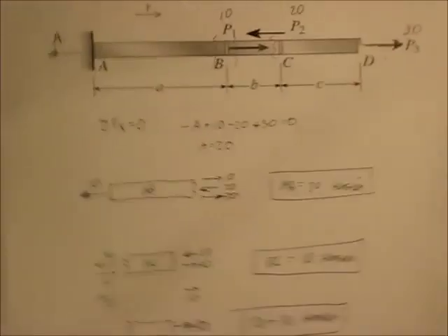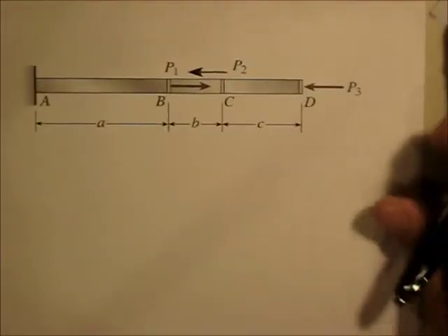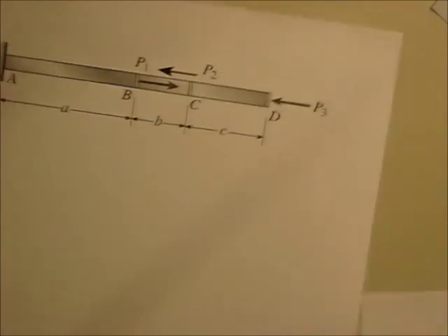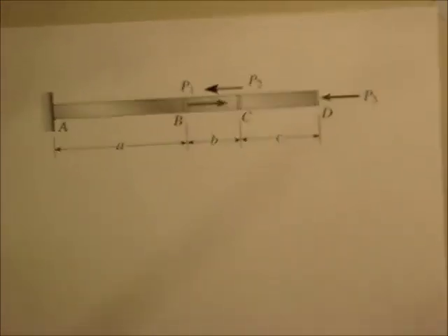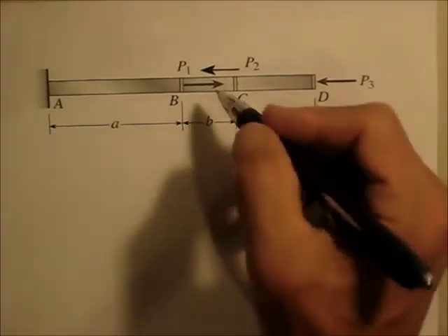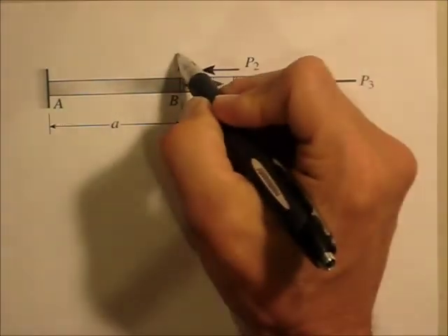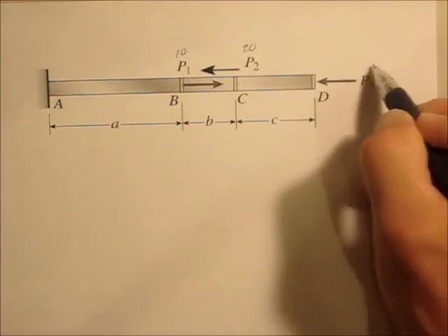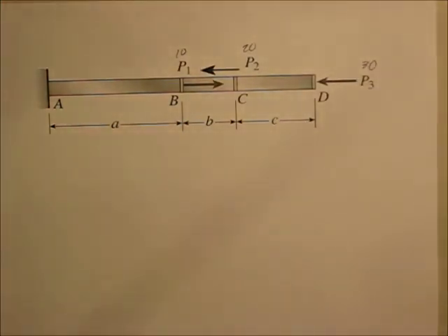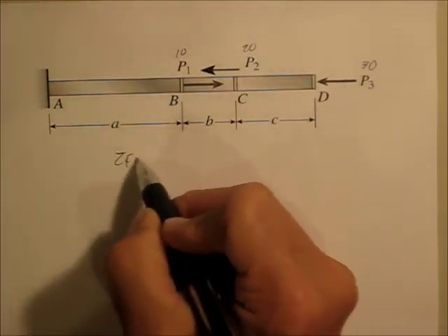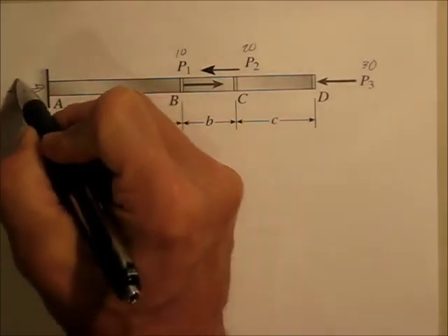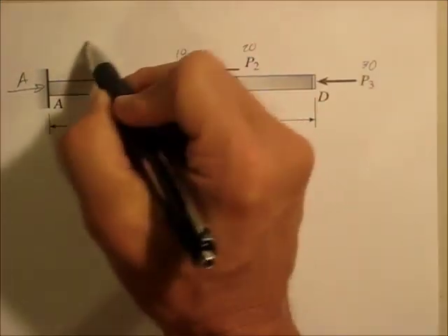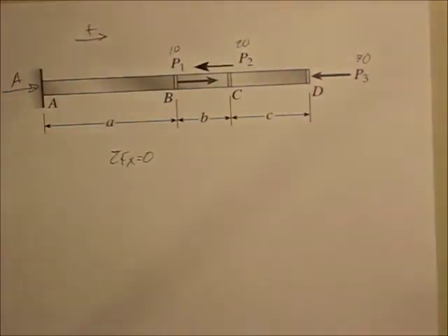Alright, let me just do one more here. Here I've got the force back to the way it looked in the drawing. I got this 10 and this 20 and this 30, but it's going in this direction. So let's sum the forces in X equals 0. Let me draw A going positive, and I'm going to draw that as my positive direction.